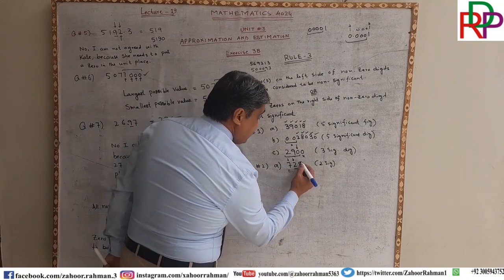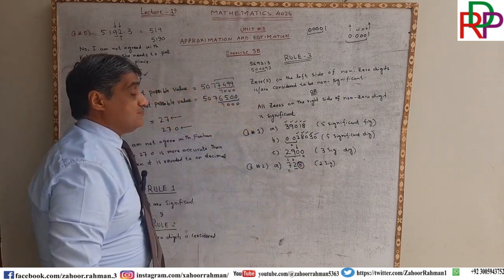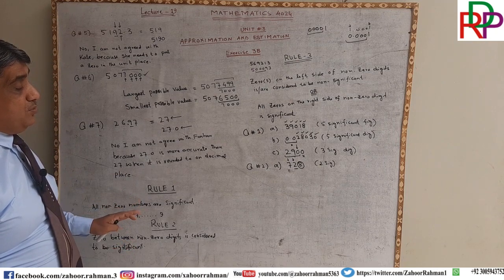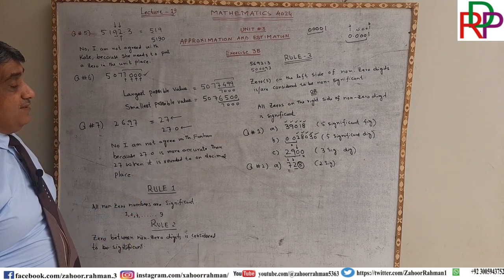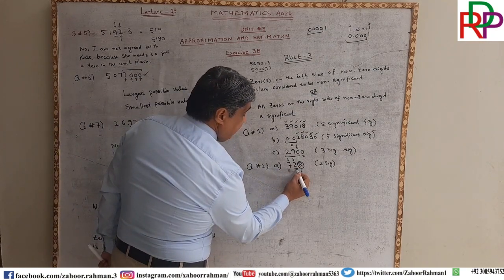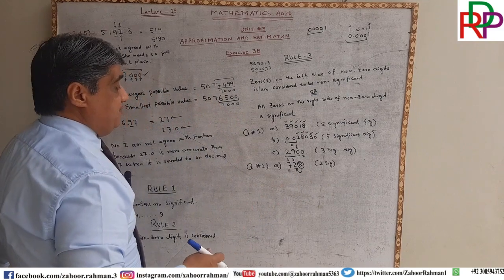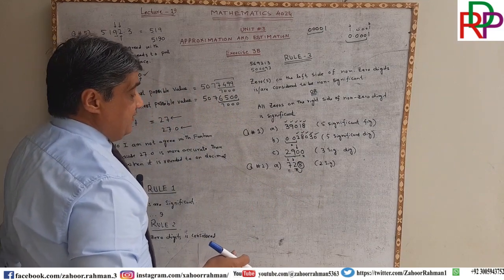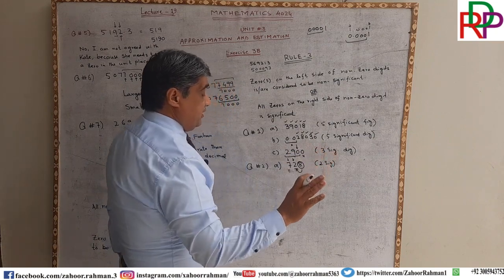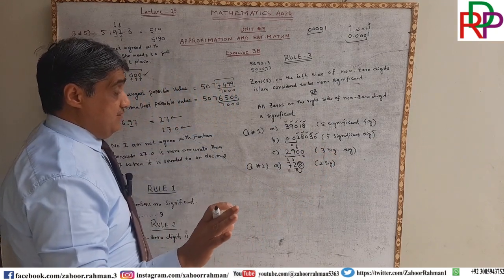We have to encircle the next one. If the encircled number is greater than or equal to 5, then it will give 1 to the left side number and will be added. If it is less than 5, then you have to ignore it and put a 0. The 0 is necessary.